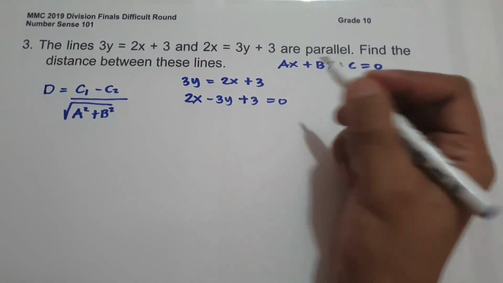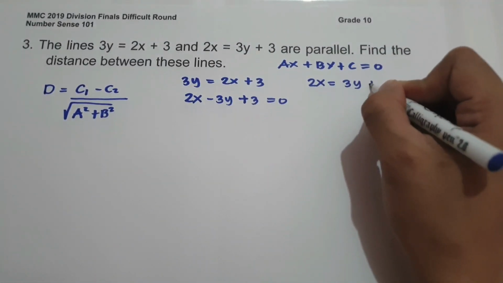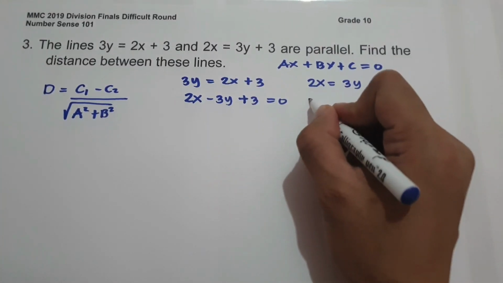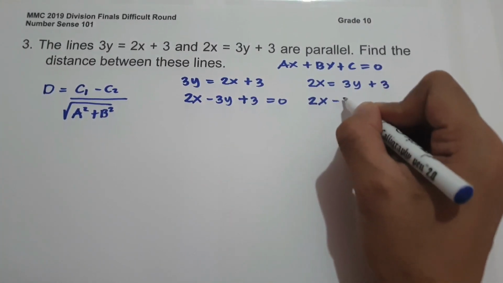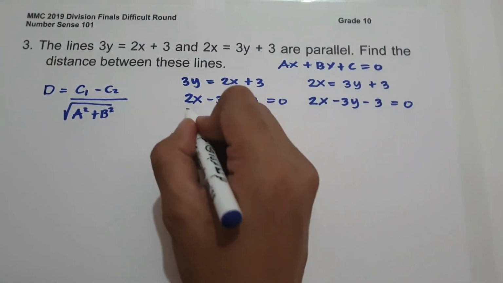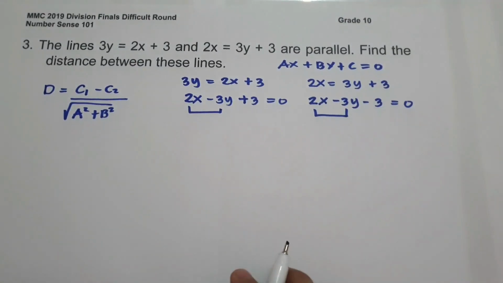And then we have 2x equals 3y plus 3. Let us move 3y plus 3 to the side of 2x. It will be 2x minus 3y minus 3 equals 0. So as you can see, we have the same slope. That means the given equations are parallel.